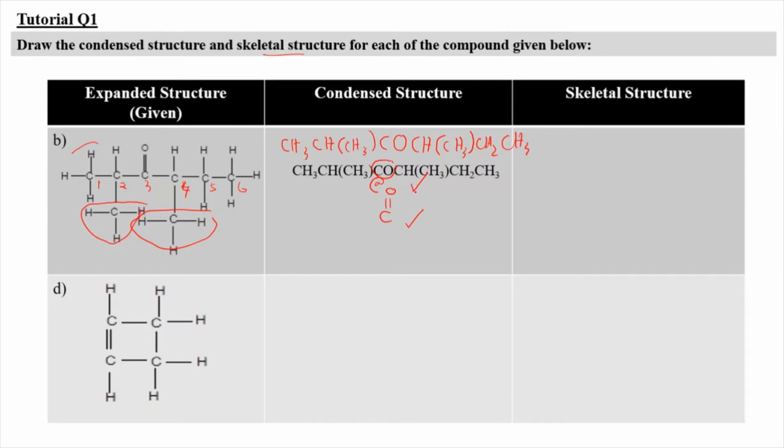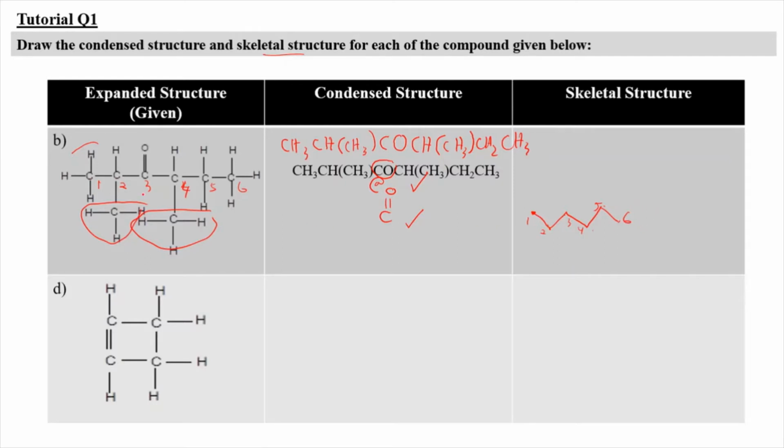Now for the skeletal structure, because you know that the longest chain has 6 carbons, you draw carbon 1, 2, 3, 4, 5, 6. If numbers help you, you can write the numbers.